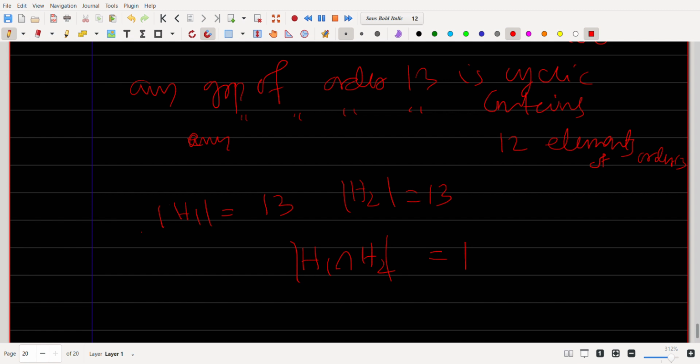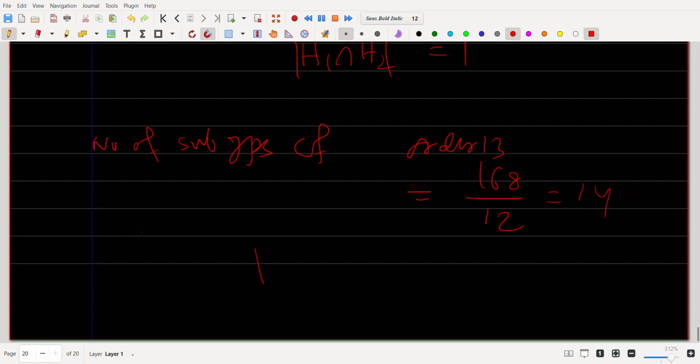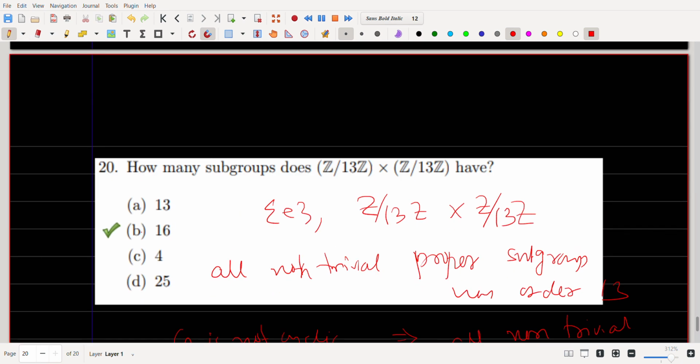So that means all the elements of order 13 are different, right? So the number of subgroups of order 13 equals 168 by 12, which is 14. So total 14 plus 2 is 16. So 16 is the correct answer.